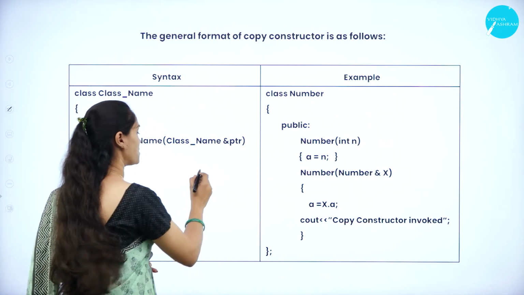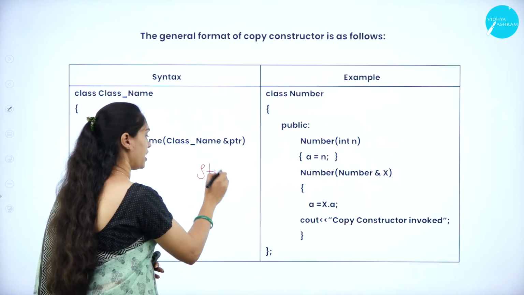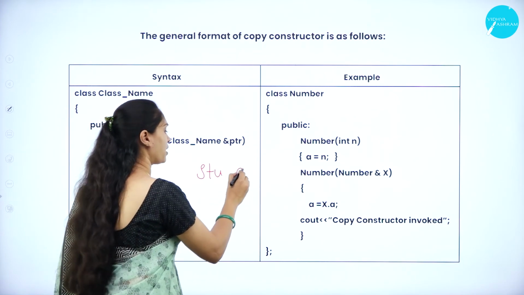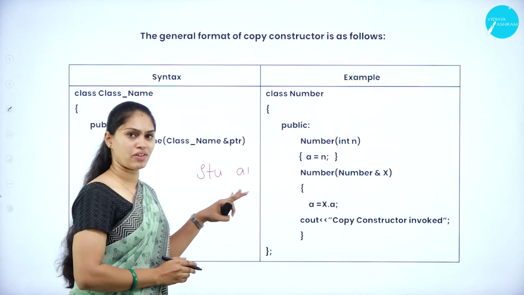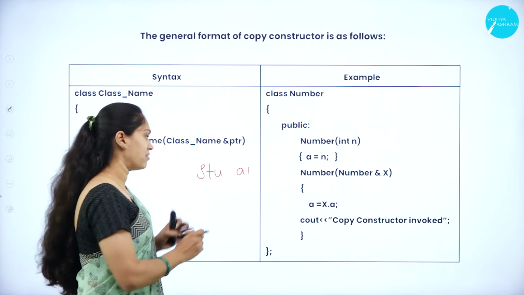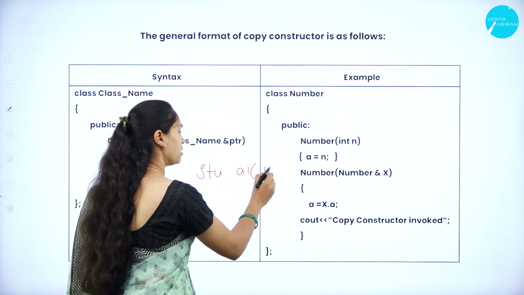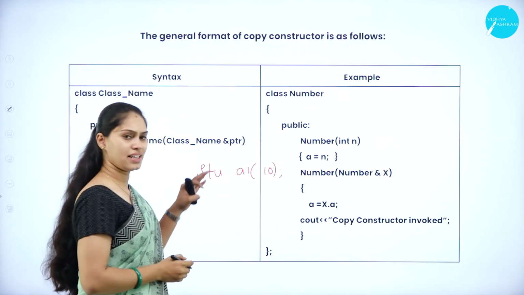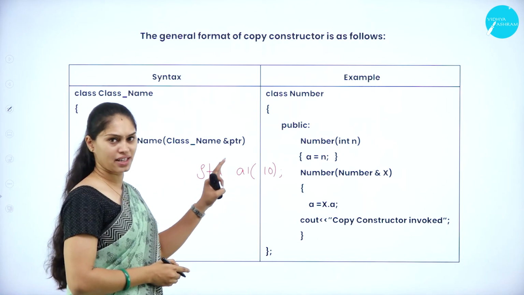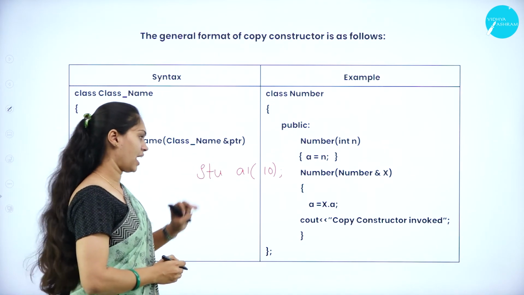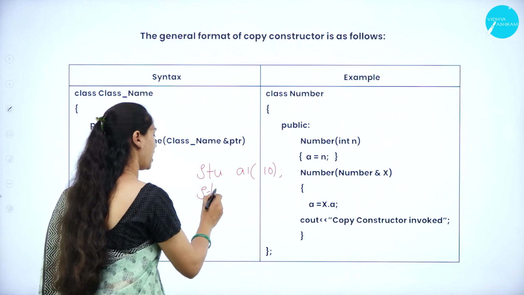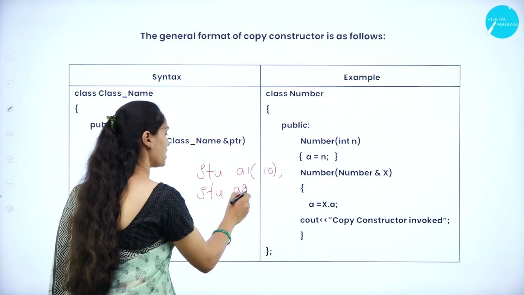Here I have a class called stu, and I am creating one object called a1, and I am sending a parameter within that a1, that is 10. So here I am sending an argument value to the a1 object, and I am going to create one more object, that is a2.